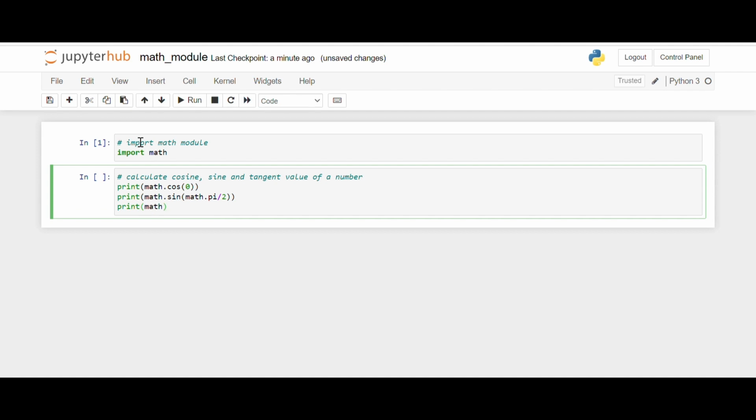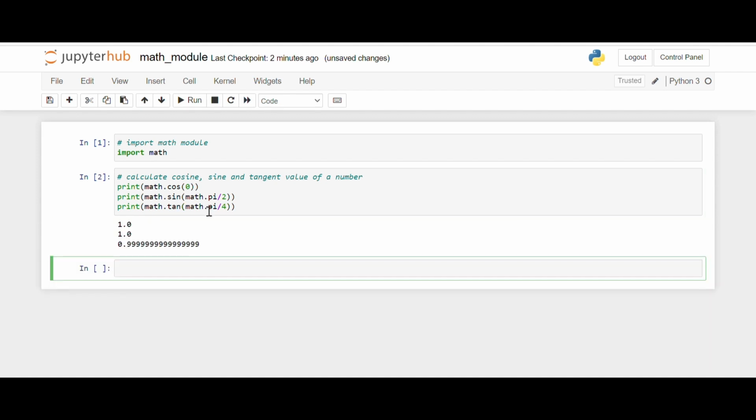And then math dot tan. So this is trigonometry. Okay, so this is cos 0 is equal to 1. This is sine 90 is equal to 1. Tan 45 is equal to 1.